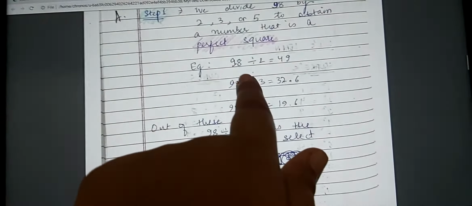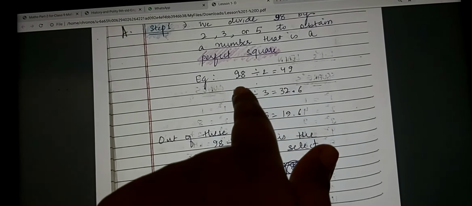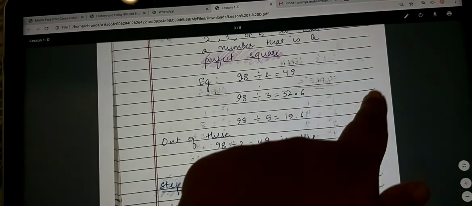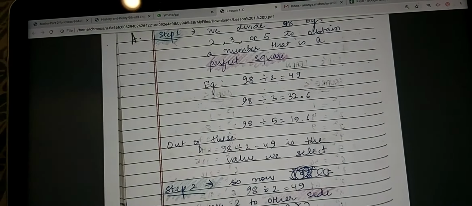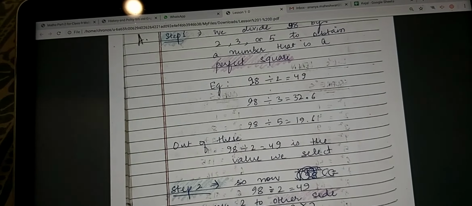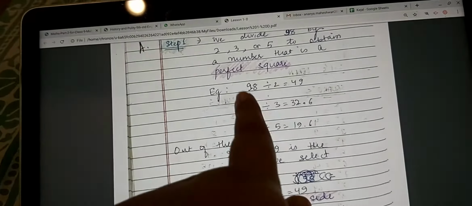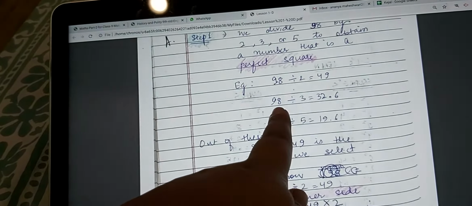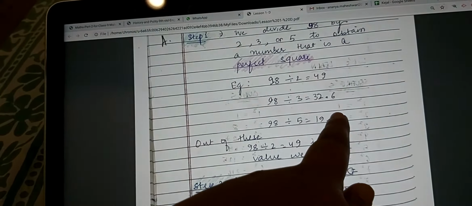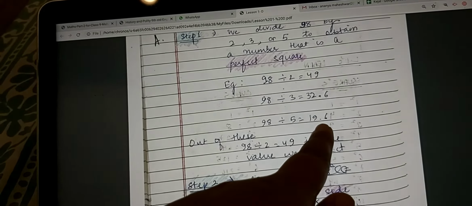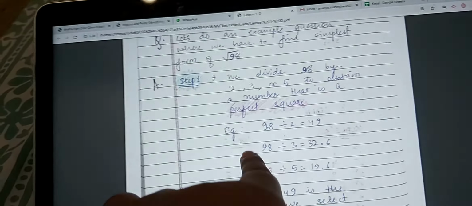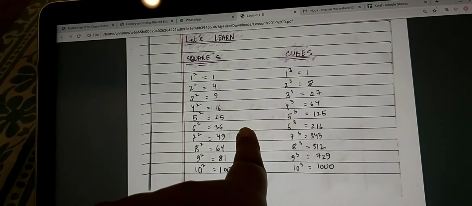So, what I've done over here is, I have divided 98 by 2, by 3, and by 5. On the side you do your rough work, divide 98 by 2, 3 and 5 and you have to find a number that is a perfect square. Now look, 98 divided by 2 is 49, 98 divided by 3 is 32.6 and 98 divided by 5 is 19.6.